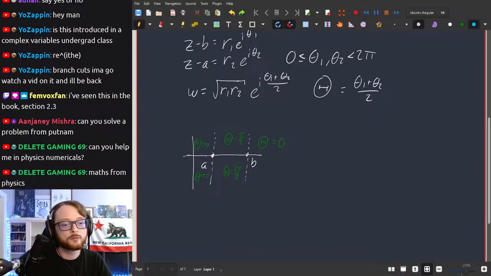Okay, so my next question, so this contour is apparently fine. Why is this contour not fine? So I guess let's think about this.